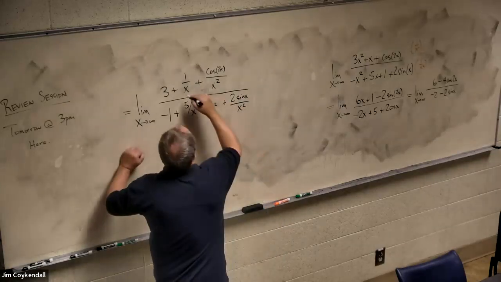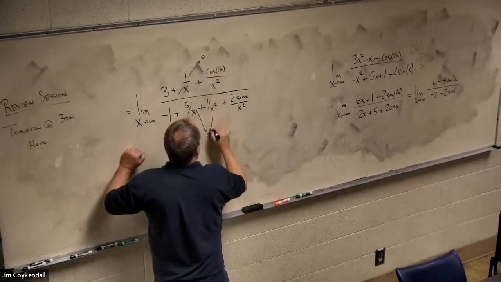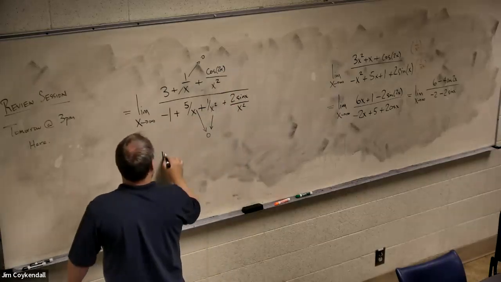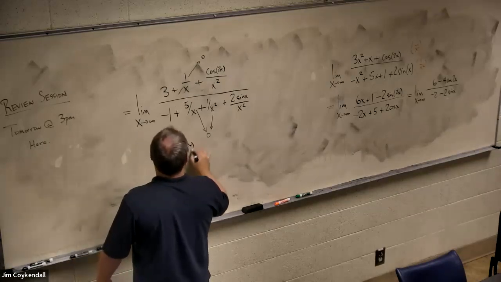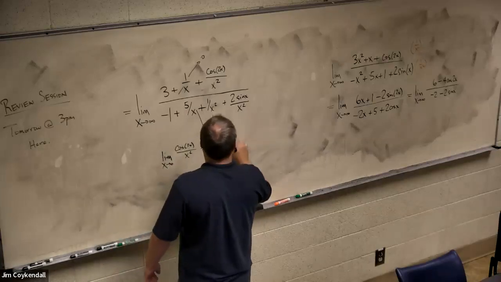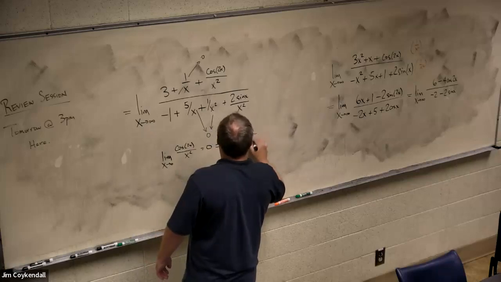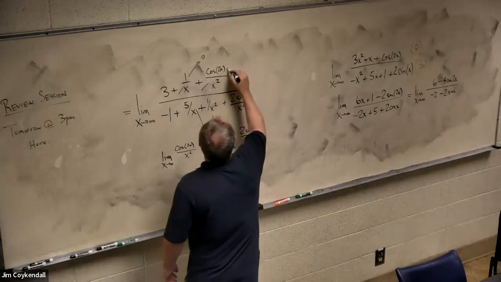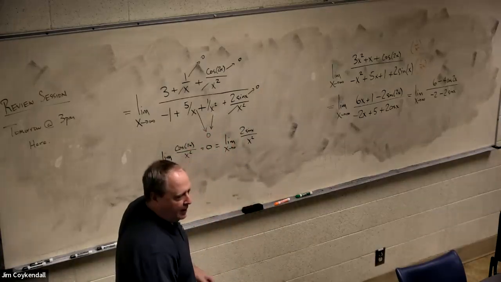Now, we know from 1040, this goes to 0, as does this and this. Why do these go to 0? Both of these limits are 0 as well. Can I explain why? Can I squeeze an answer out of it?